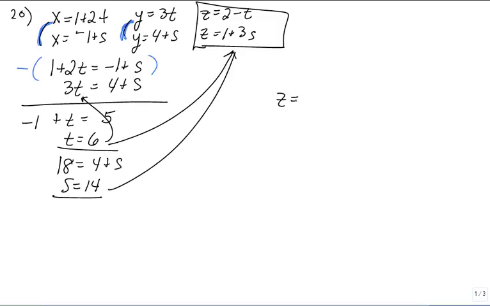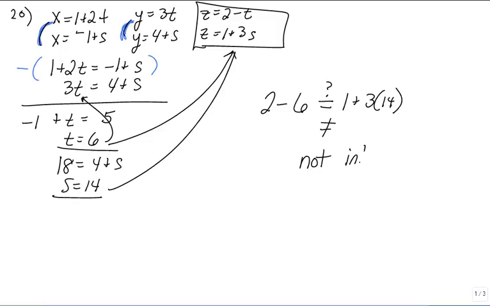So I have z, those two should be equal. 2 minus t, which is 6, is that equal to 1 plus 3 times s? Those are not equal, so they're not intersecting. There's no scalar that satisfies all three. Let's look at their direction vectors.